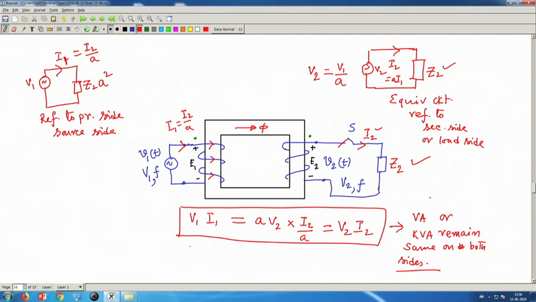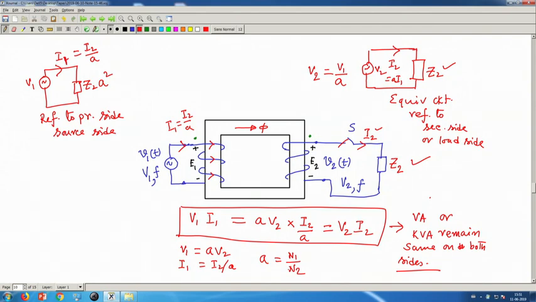and currents and voltages are related by V1 equal to A V2 and I1 equal to I2 by A. And what is A? Do not forget, A is N1 by N2. N1 is the number of turns on the source side and N2 the number of turns on the load side.